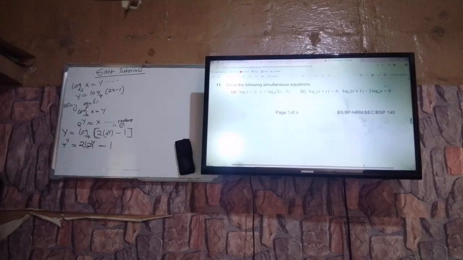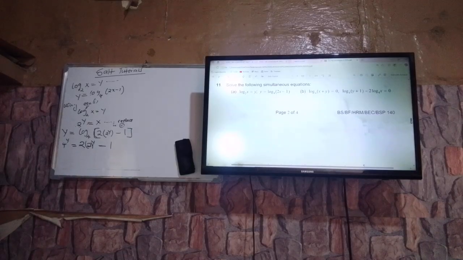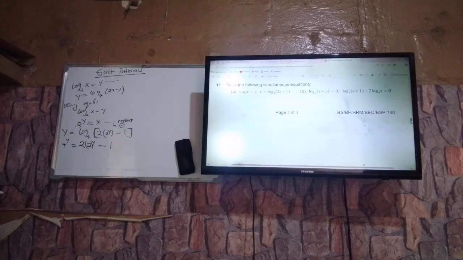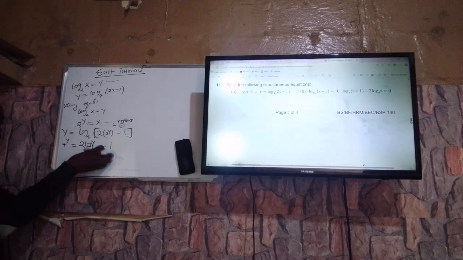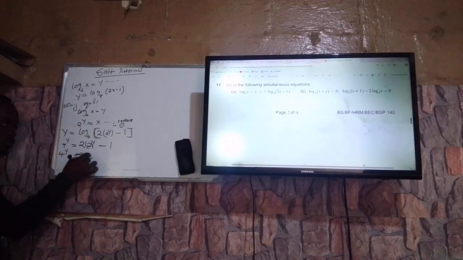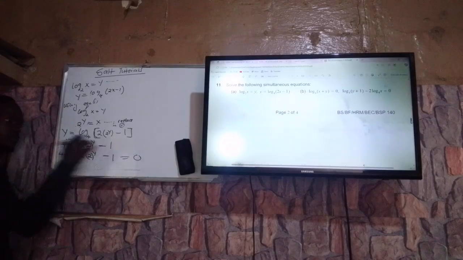If you have bigger eyes, you should be able to see that this kind of equation is in quadratic form. Remember, everything can come to this side: 4 power y minus 2 power y minus 1 is equal to 0.